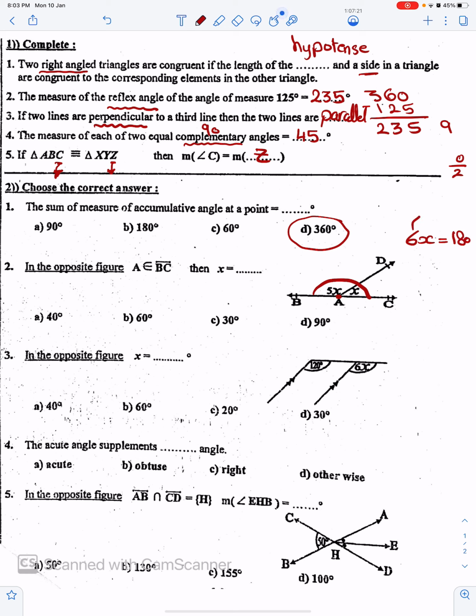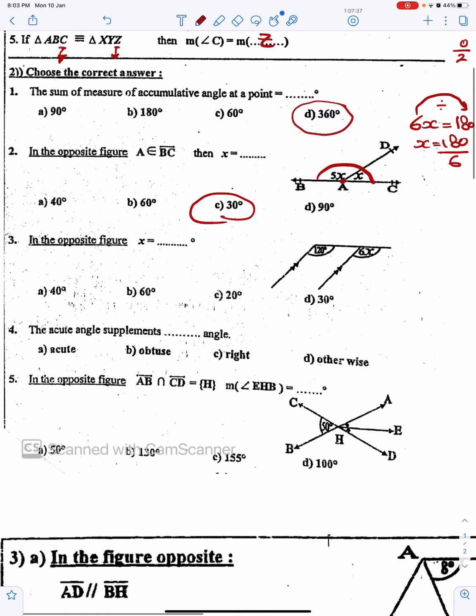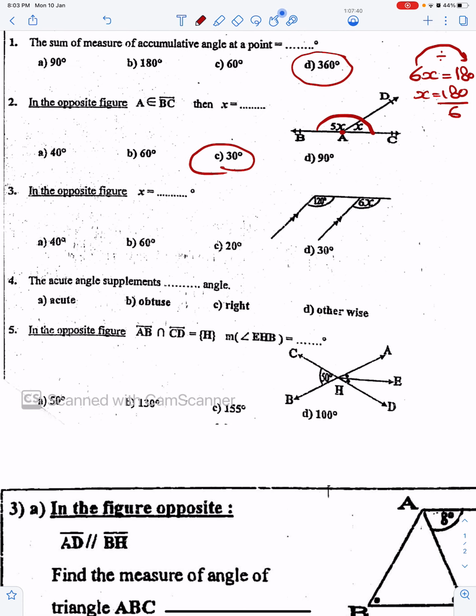By dividing 180 by 6, I'm going to take 6 to the other side by division. So x is going to be 30 degrees.